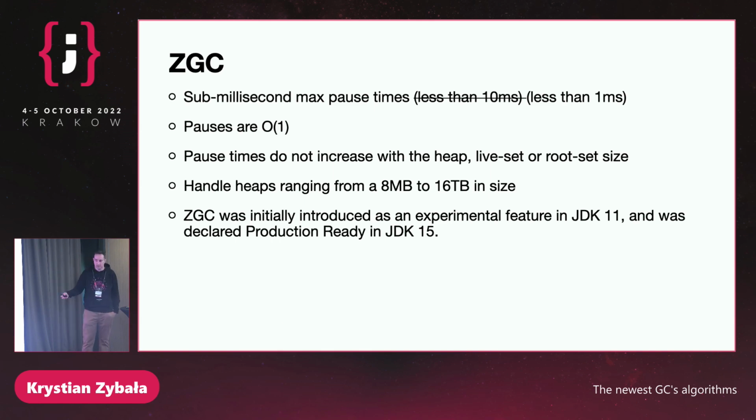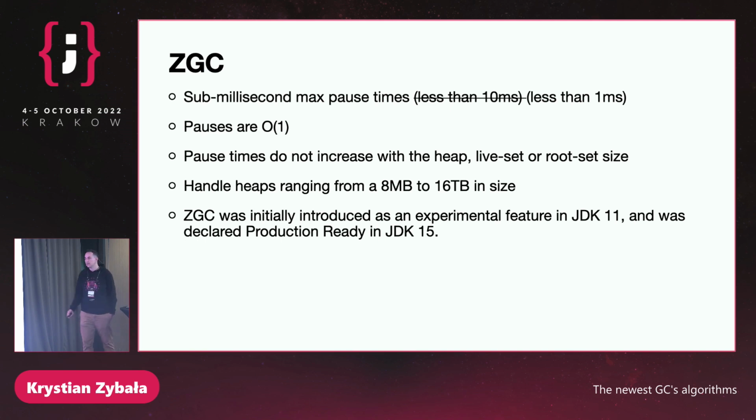So ZGC is only in one version in OpenJDK and Oracle JDK. And what's more important, ZGC targets pauses of less than 10 milliseconds, but nowadays we have less than 1 millisecond.